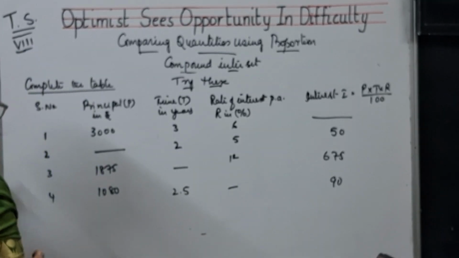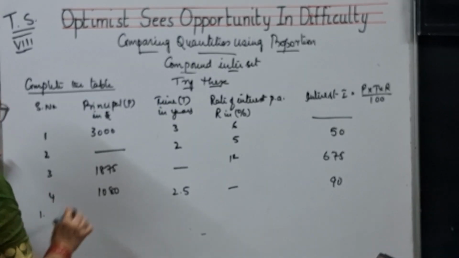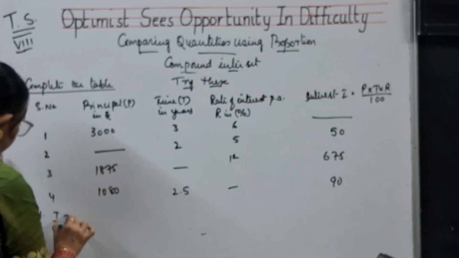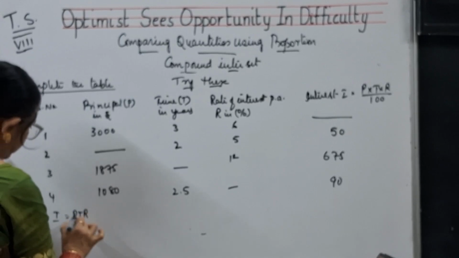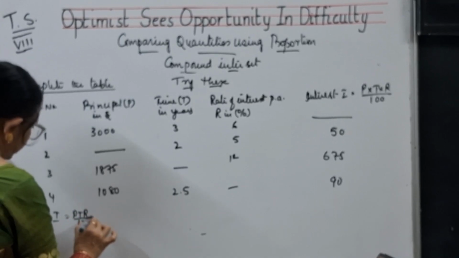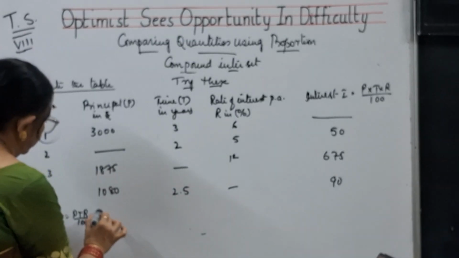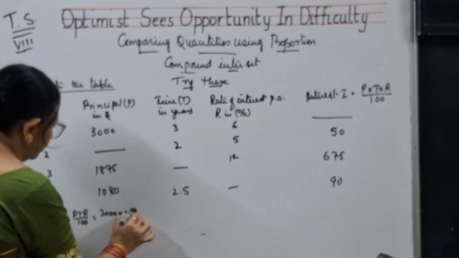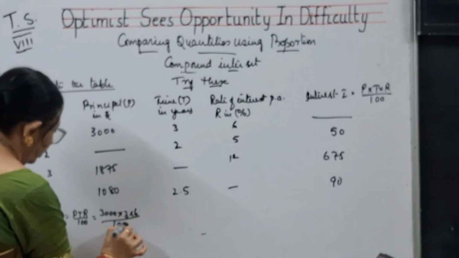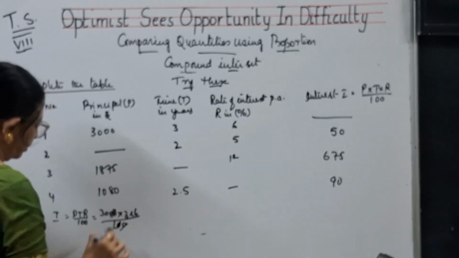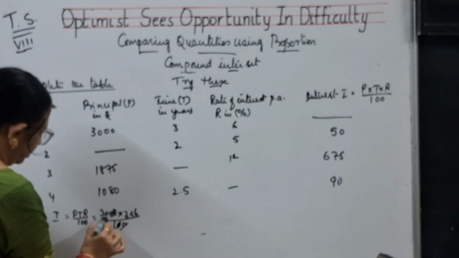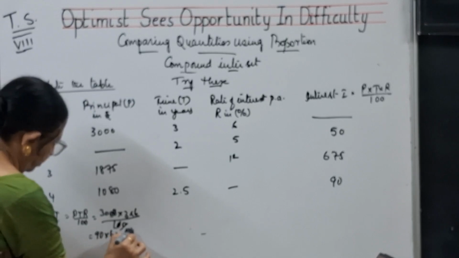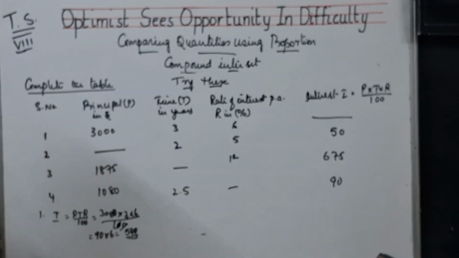The first one, we need to find I. I is equal to PTR by 100, that is equal to 3000 into 3 into 6 by 100. Two zeros will get cancelled, that is 3 threes are 9, 90 into 6.